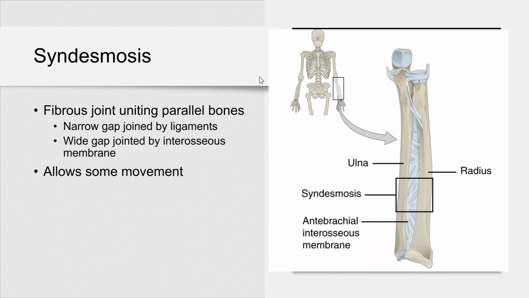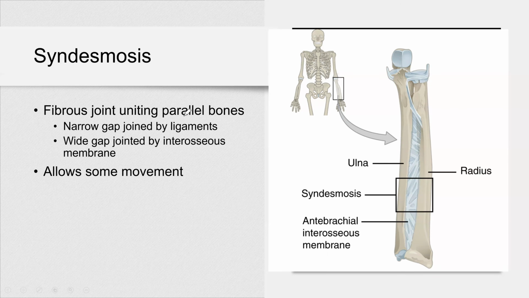And this is our interosseous membrane over here between the radius and ulna. It's a fibrous joint uniting parallel bones. When we have a narrow gap between bones, they are joined by ligaments, and a wide gap is joined by an interosseous membrane.